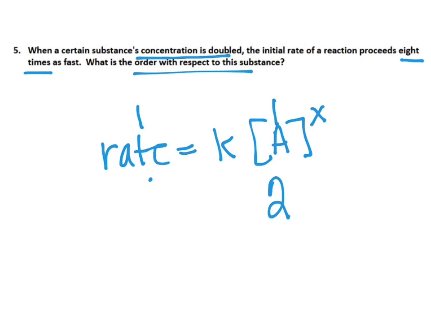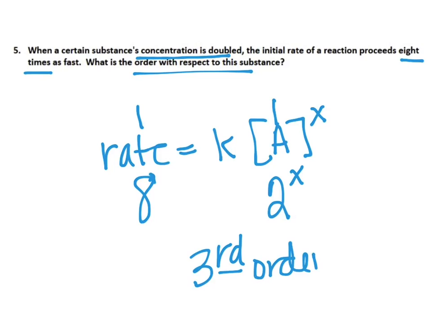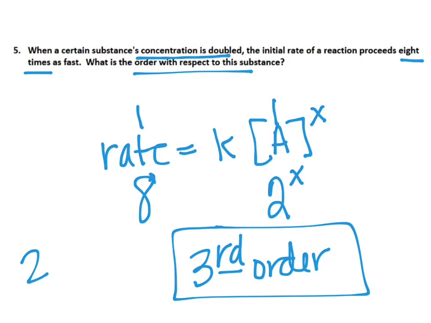It says the initial rate of the reaction proceeds 8 times as fast. So rate is now equal to 8. What is the value of X? 3. So what order would this be? This would be third order. So get that skeleton and be able to write that when you start looking at things like that.